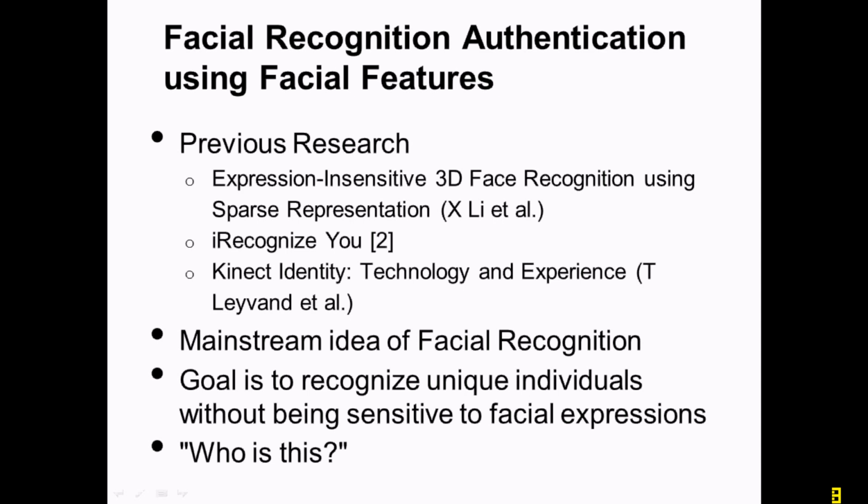Not what are they doing. Can we recognize each unique person, even if they have a different haircut or they're smiling or laughing? This is a very popular research area, and if you have any experience in computer vision, you'll find that a lot of computer vision applications go into this particular field.